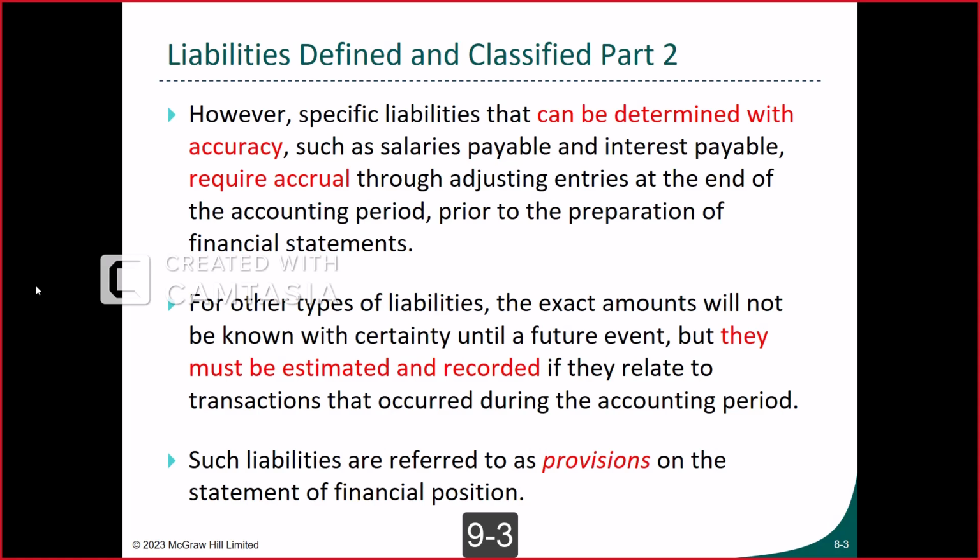Then based on the matching principle, the expense of the repair has to be recognized during the same period where the sale revenue was recognized. Because there is a commitment from your side to make those repairs, even though you don't know the exact amount of those repairs, you have to recognize them as a provision, as a liability, provided that you can make an estimate of their amount.